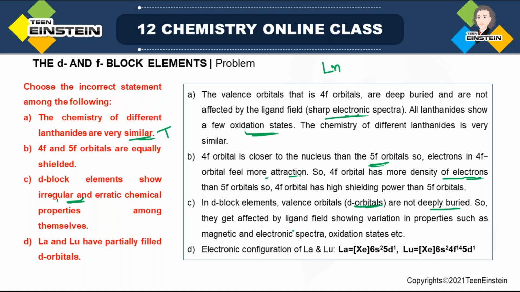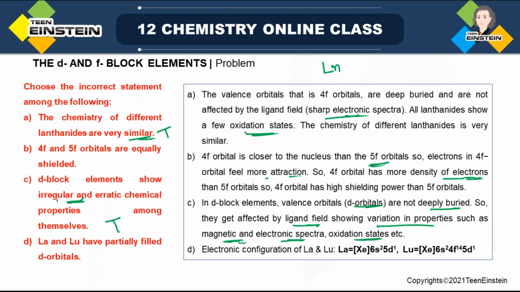So there will be much more influence of the ligand field, and variable oxidation states are possible. So they show variation in properties such as magnetic and electronic spectra, and also oxidation state. That means these are the reasons why their chemical properties are irregular. So this statement is also correct.